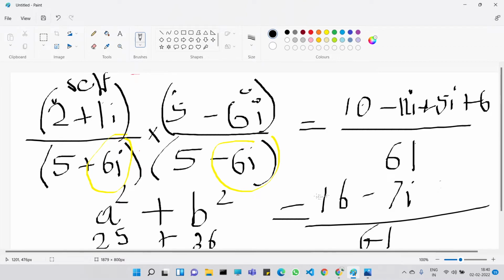So the numerator contains a real part as well as an imaginary part. So in order to get the real part separately, we can divide this term individually, so that we can get a real part of the numerator divided by the denominator, and similarly the imaginary part like this. So we can do that part.